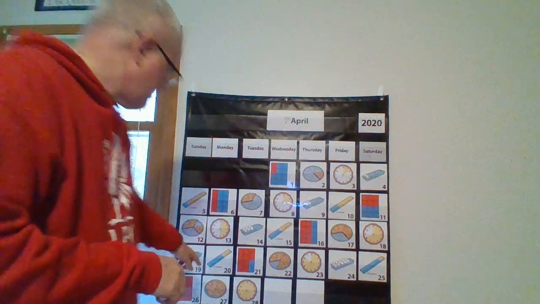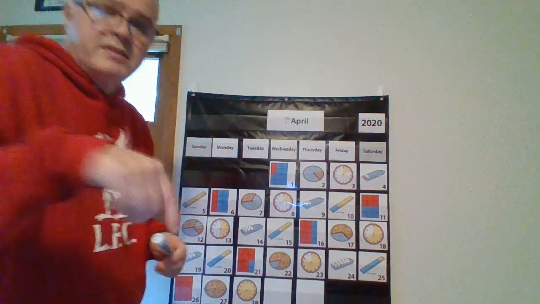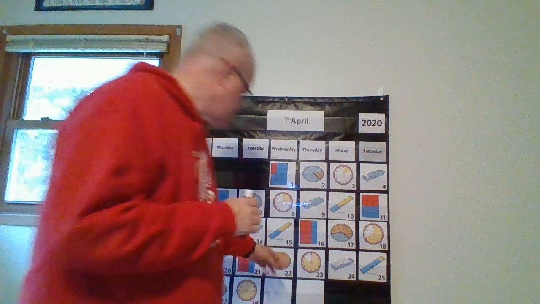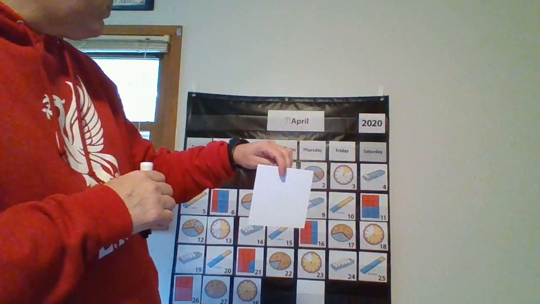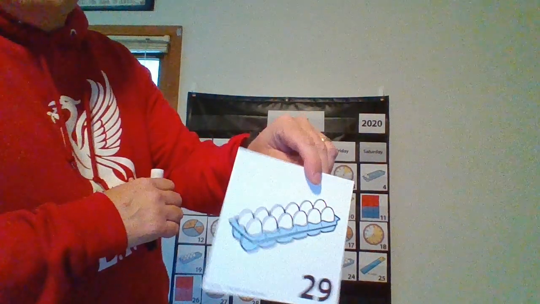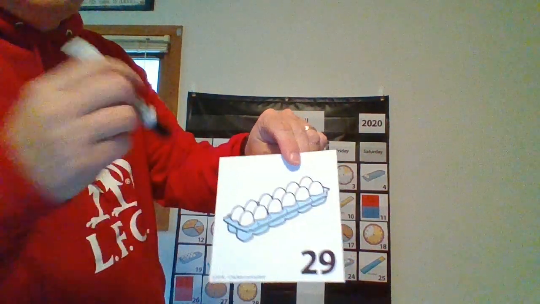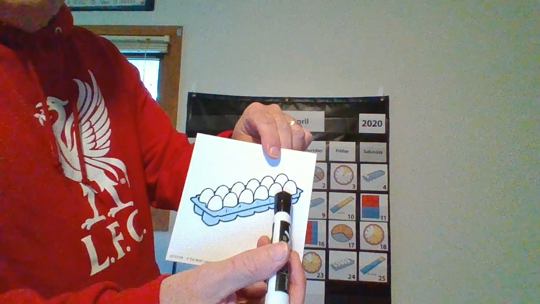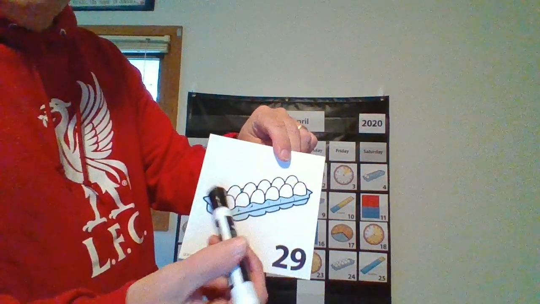So 12 out of 12. And remember with our pizza, 6 out of 6 equals 1 whole, right? So what might we expect for that one? Boom. Our little chicken laid 12 eggs, filled up the whole case here. 12 out of 12, right?